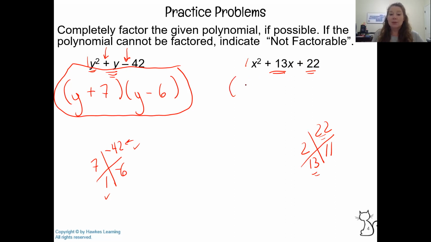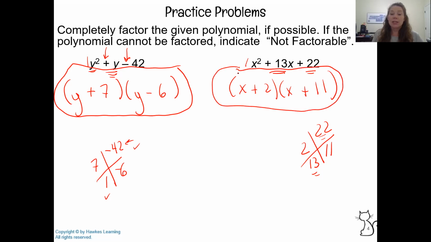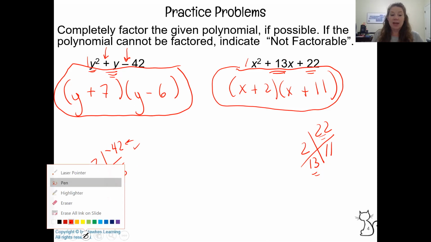That means both terms are positive. So x plus 2 and x plus 11. And if we FOILed this, we would get x squared plus 13x plus 22. All right, so those are just some reminders on how to factor.